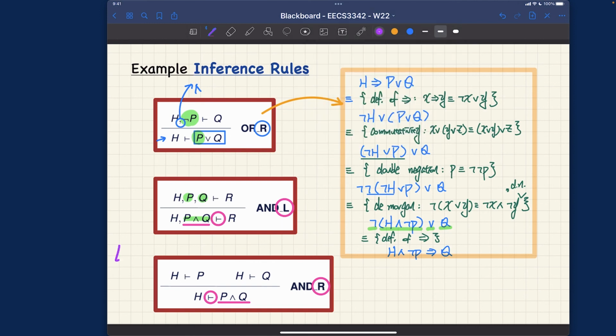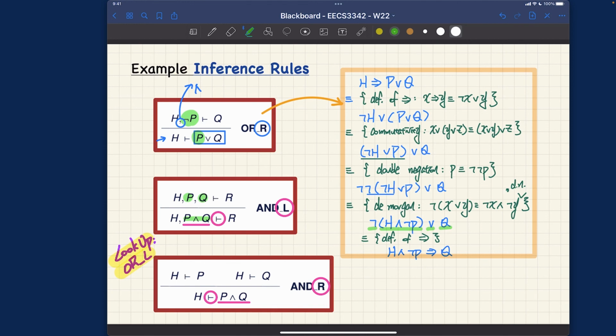I believe it's called OR L, which is really about a disjunctive hypothesis appearing to the left of the turnstile. In which case you will be able to split it into two sequents. So this is just another rule where we can split the sequent in a different way. All right, so there's a little exercise for you to complete. Look it up over here. It's up to you.